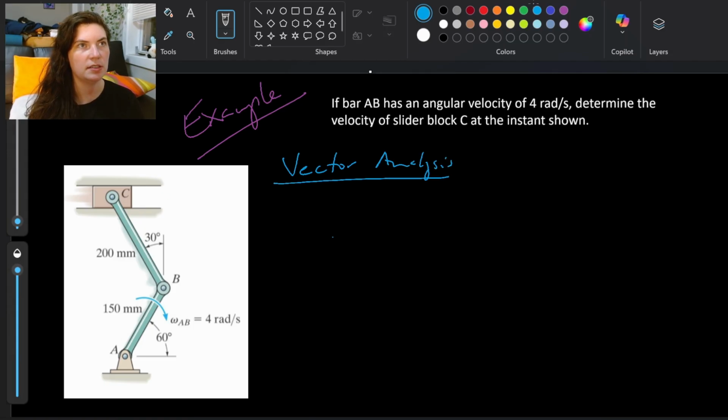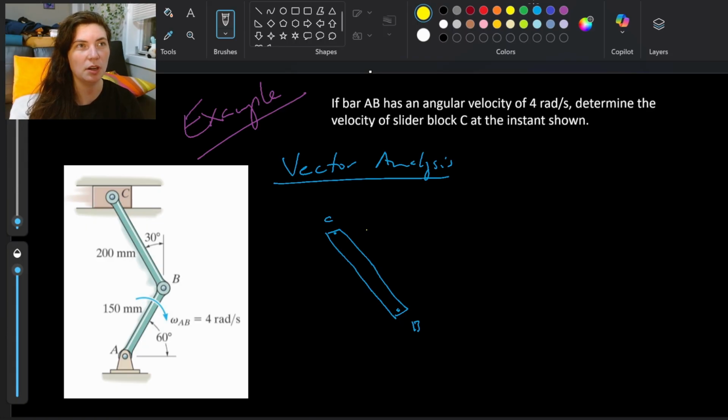To find this velocity of C, if I look at this bar BC, I can see that C is trapped. C is moving on this fixed track, so it can only move either to the left or to the right. And looking at how bar AB is rotating, I'm not sure if it's moving to the right or to the left.